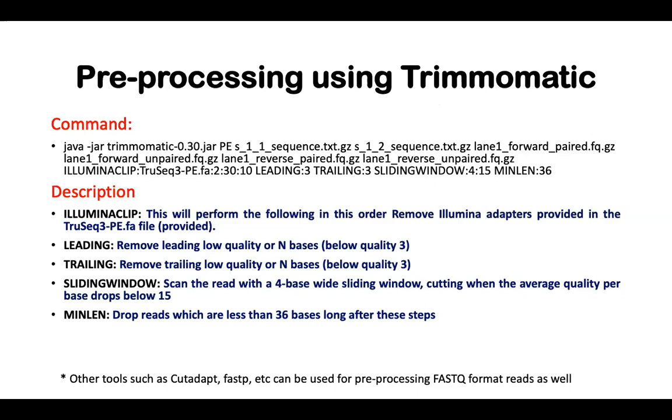When you want to start using a particular software, go to their manual. The first thing I do is go to the manual, and they will tell you the default commands and all the different options or parameters which are available. So you basically need to know what you want to do, right? This is the default command that's given.